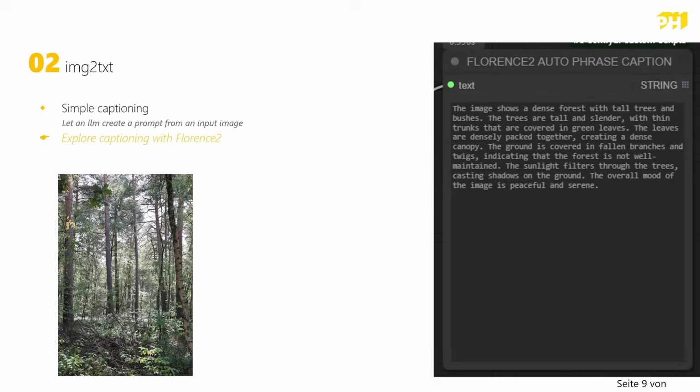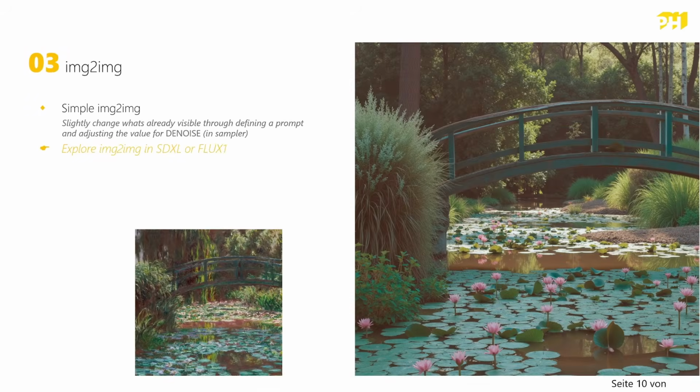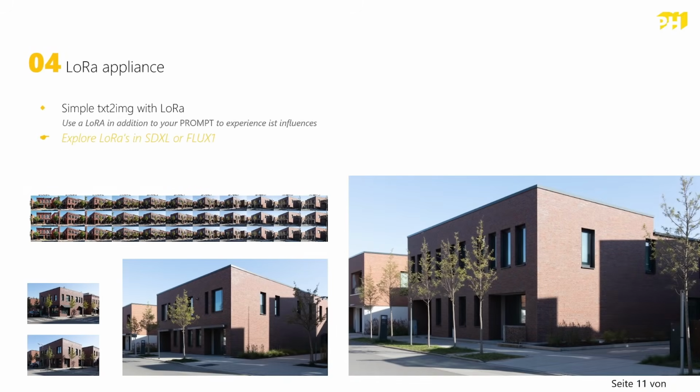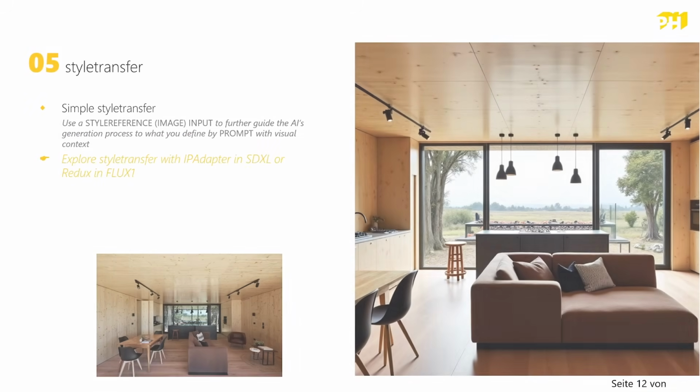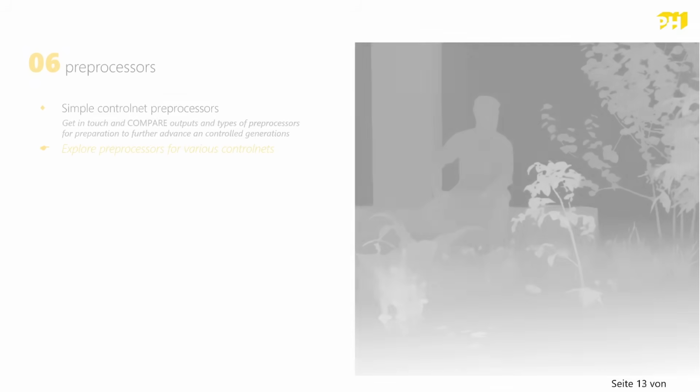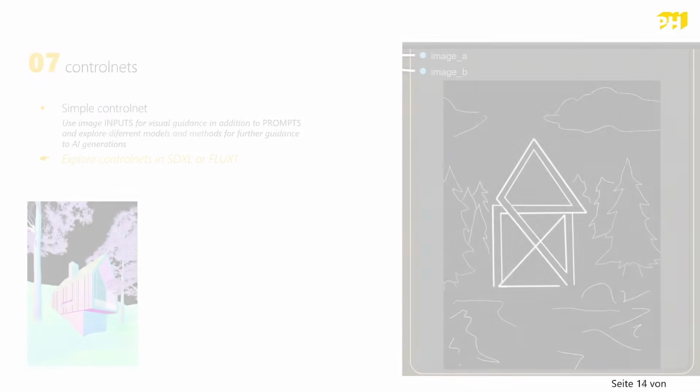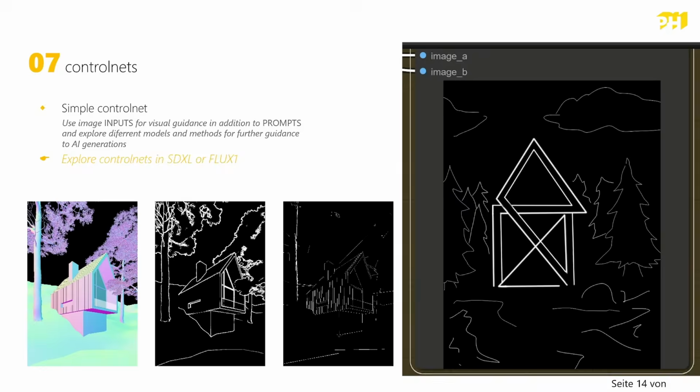Then we have image to text, image to image, LoRA appliance, style transfer, preprocessors, the control nets.